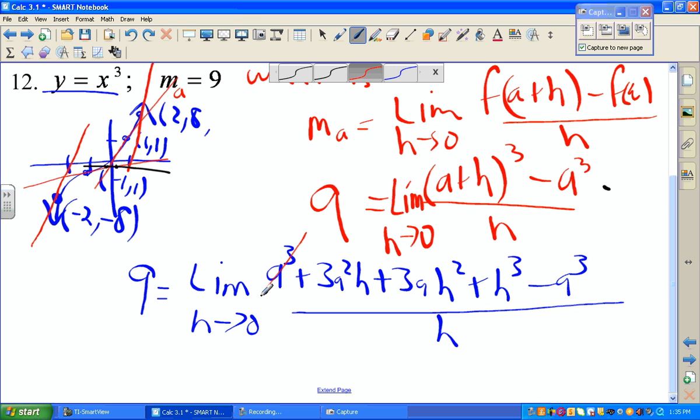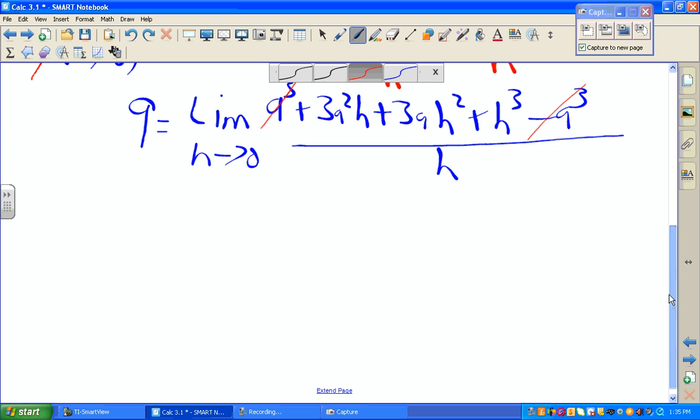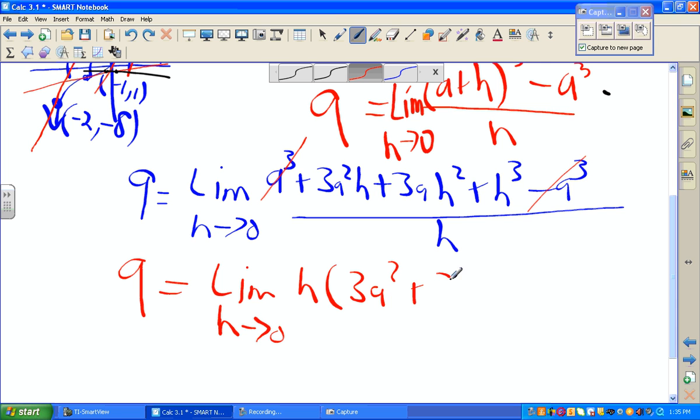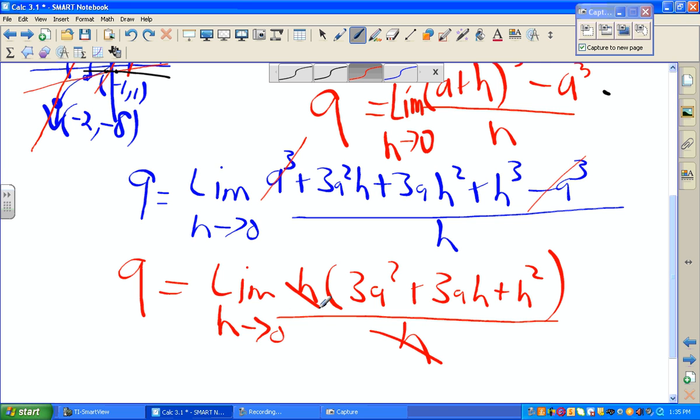The a cubes will divide off. The h's can be factored. So I have 9 equaling the limit as h goes to 0, take out an h. Put in 0 for the remaining h's.